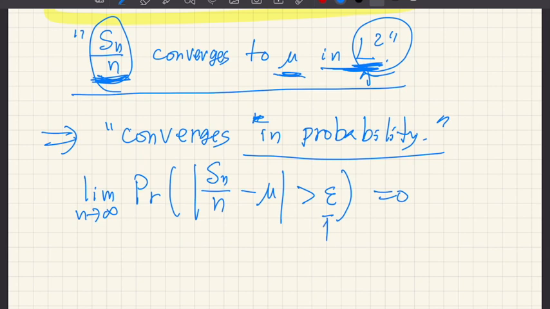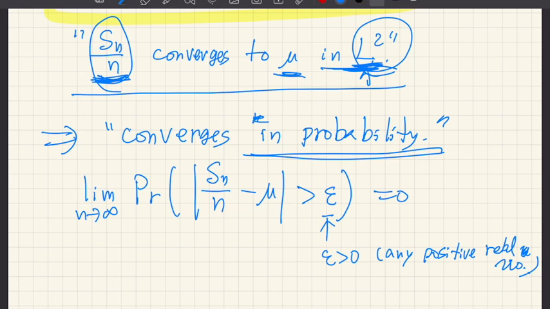This epsilon is any positive real number. So in general we can say if something converges in L2, it also converges in probability.